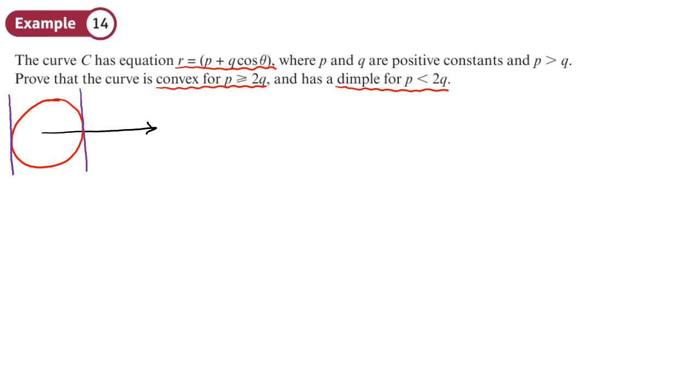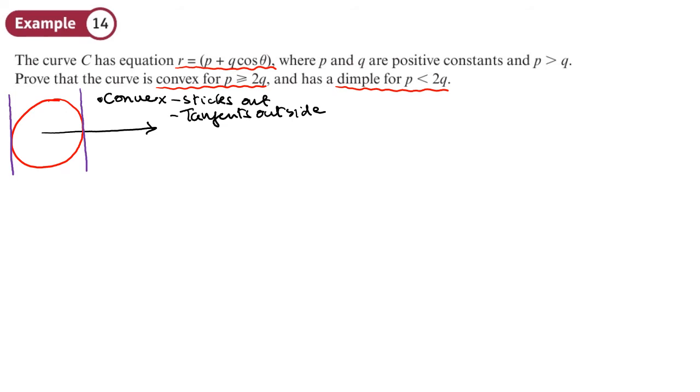Okay, so let's write down a few things. If it's convex, then the graph sticks out. It doesn't stick in. It also means that there are no tangents inside. The tangents don't go inside the circle, so the tangents are outside. Okay, so this is what convex means.